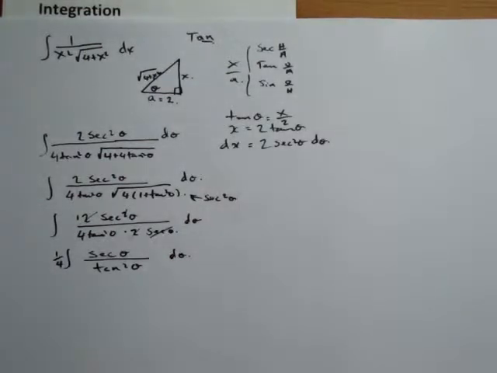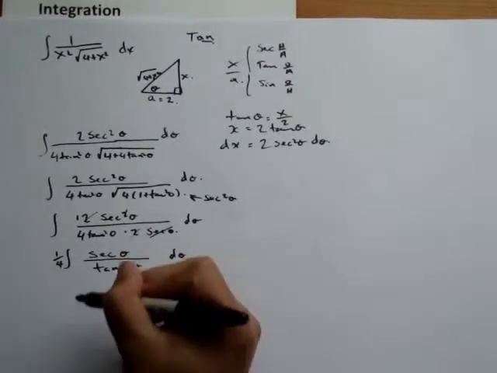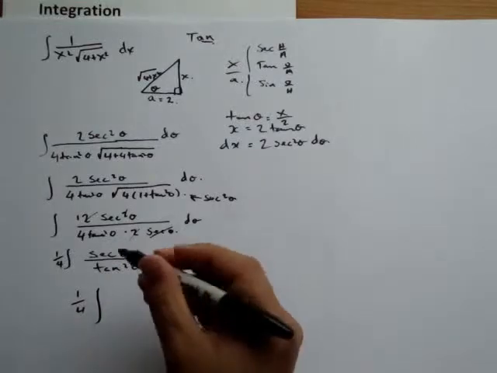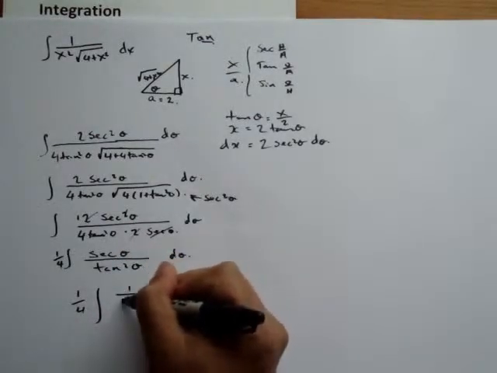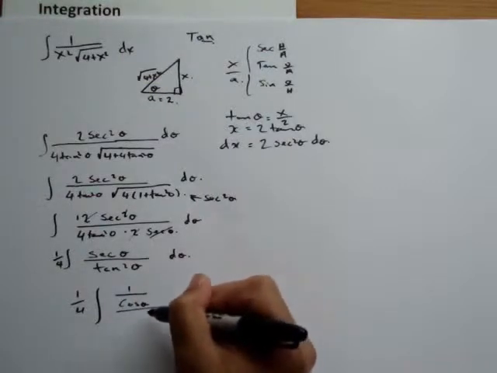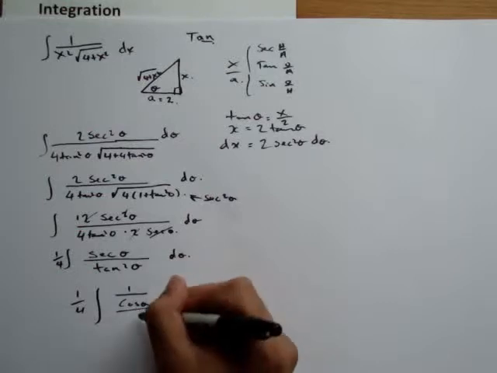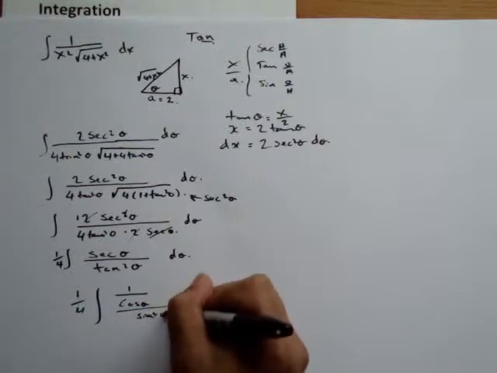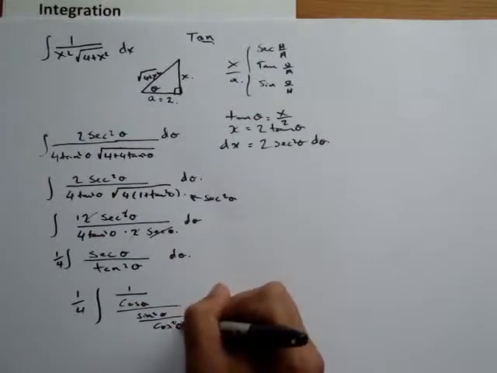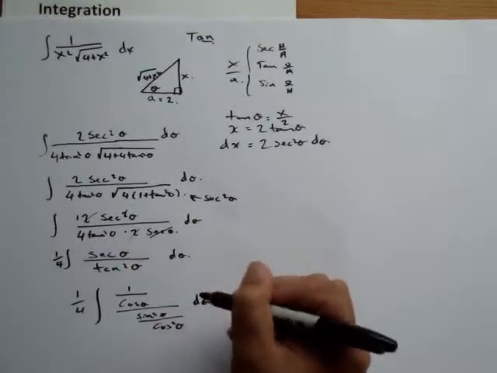Now whenever we have a tan squared, let's try and convert that into sines and cosines. So this then becomes a quarter. The sec is 1 over cos theta, and then the tan squared theta is, tan is sine over cos, so tan squared is sine squared theta over cos squared theta d theta.